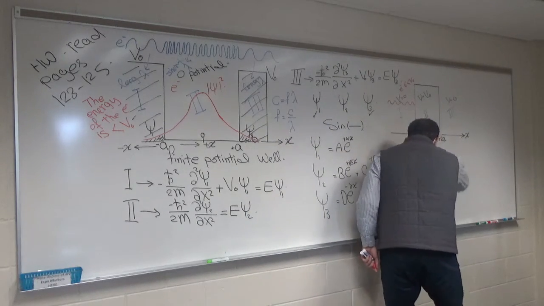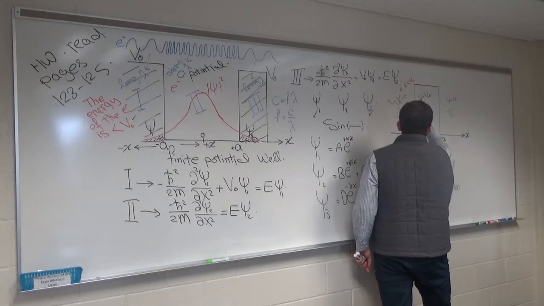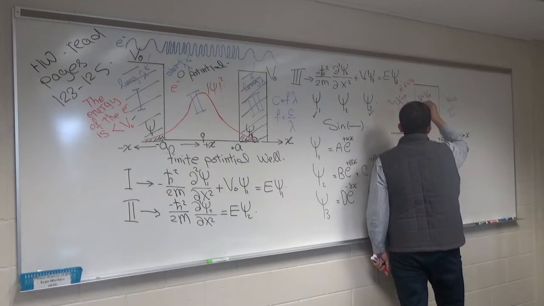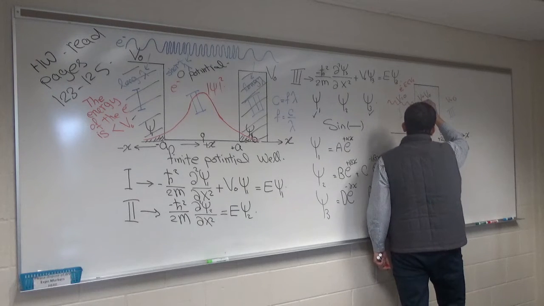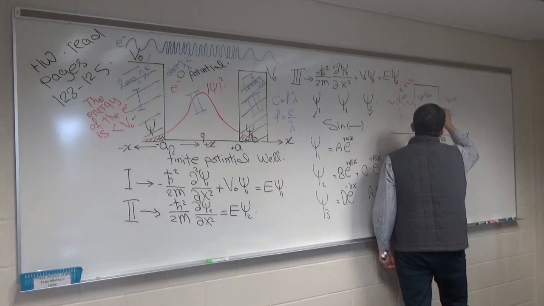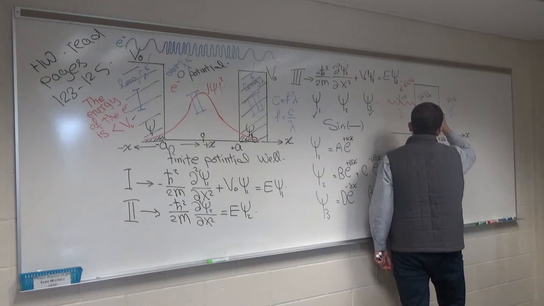So the electron will go in this direction, as you can see, and then according to the tunneling idea, the electron will go inside this potential step as a wave, of course.